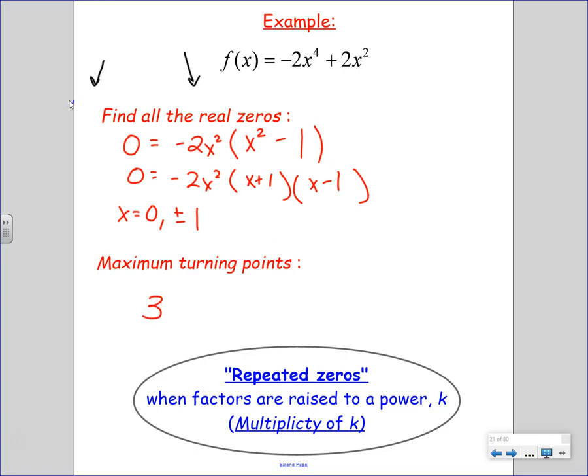Remember it could be 3 or 1 if we were just talking about turning points. The maximum would be 3, it could have 3 or 1. We just tried 1. Would this one make more sense? But the problem is, how many zeros could this one have? Well then how can it only have 3?